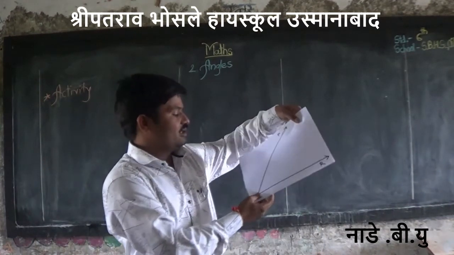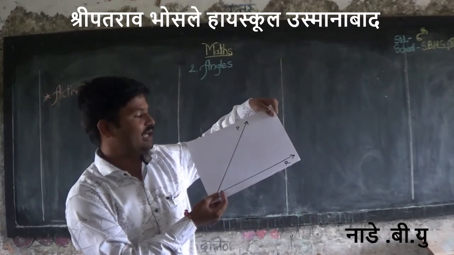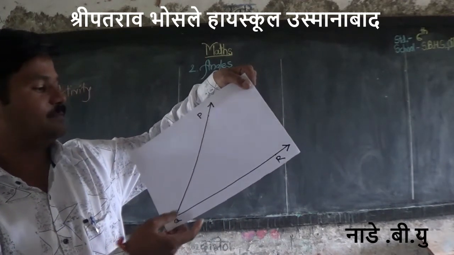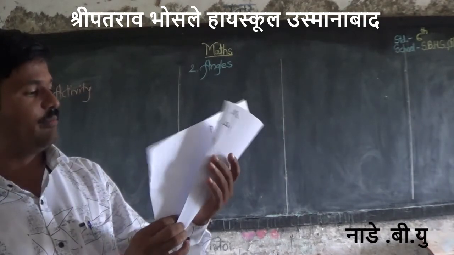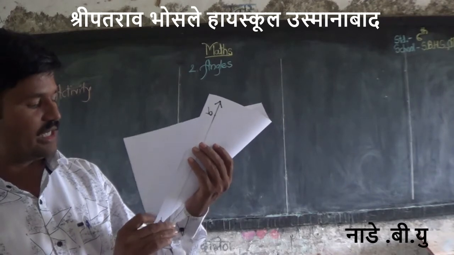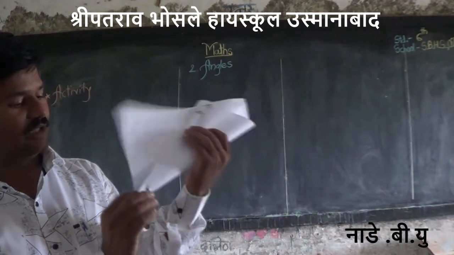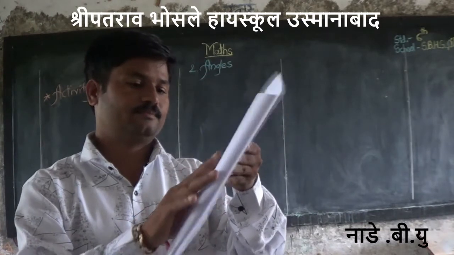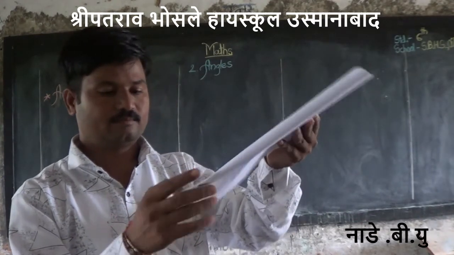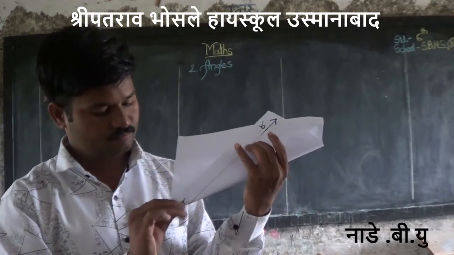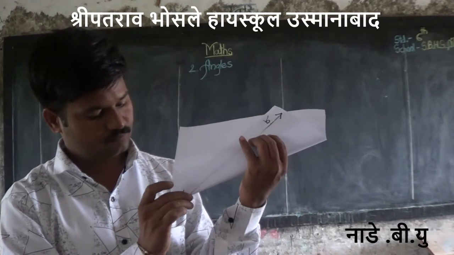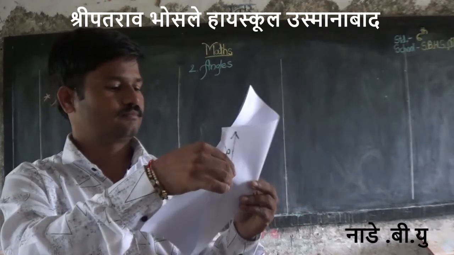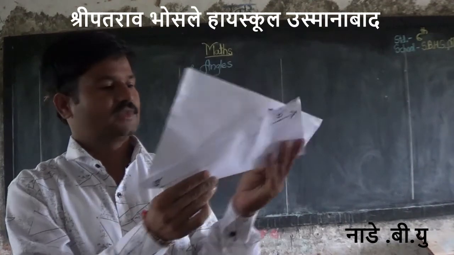Then fold the sheet of paper one time so that one side of the angle falls correctly on the other side of the angle.